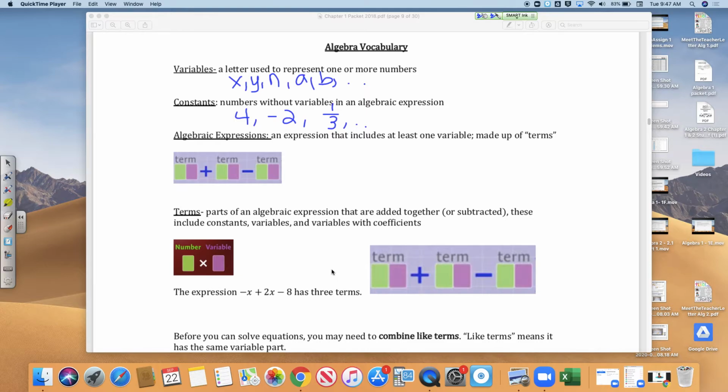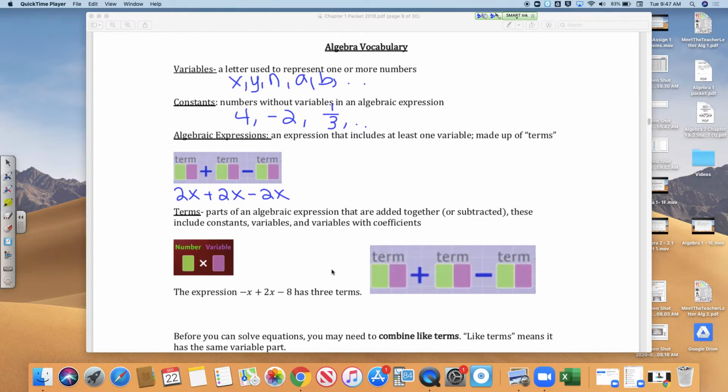Algebraic expressions are expressions that include at least one variable made up of terms. So terms are each little part of an expression. If this term was 2x, and this term was 2x, and this said minus 2x, these are all the same terms, but they're separate little terms here, showing that an algebraic expression is combined with these.